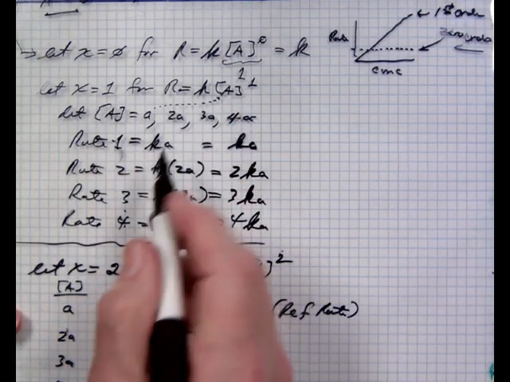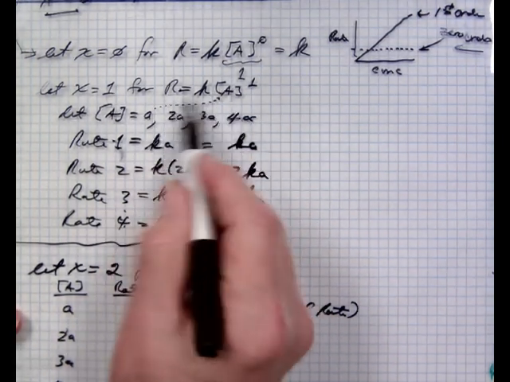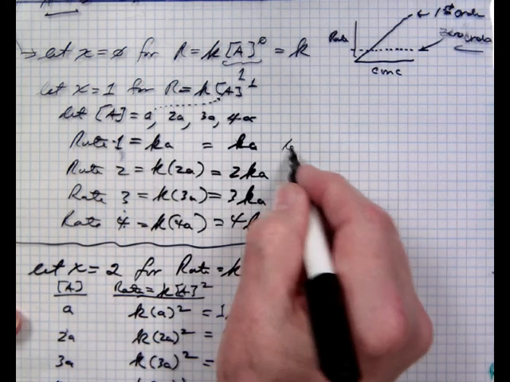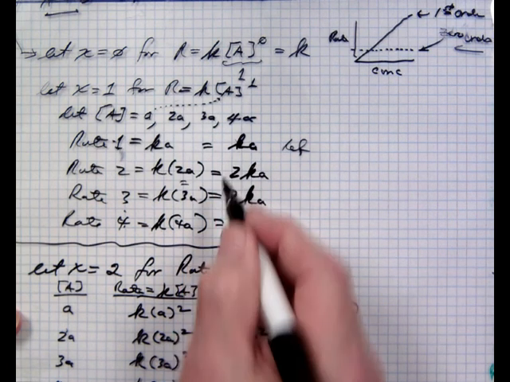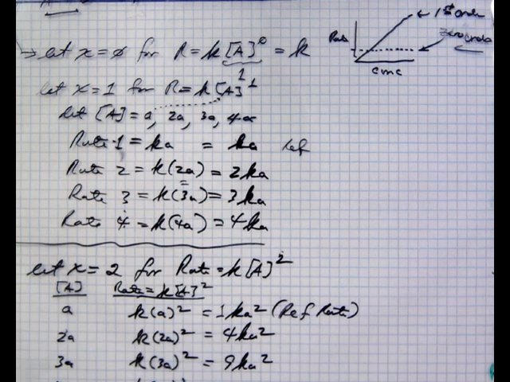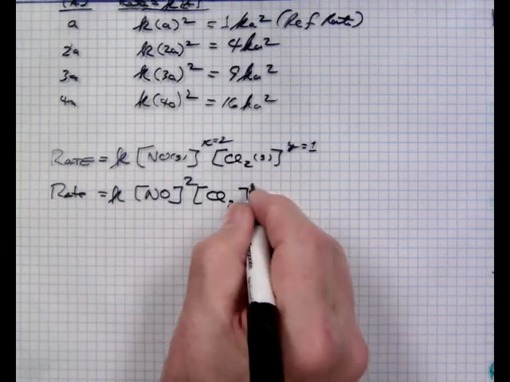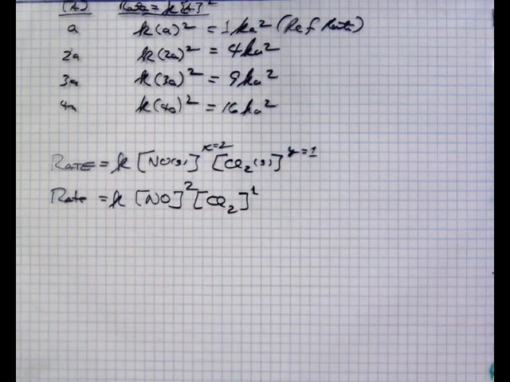Here's what we're showing. I took my component and I got my reference. This is my reference. Then I double concentration and it doubled. If I had a 3 times increase with a 3 times change in concentration, I'd still call it a first order. Is that what you're asking? Yeah. Okay. And so what you do is you assign the 1 to it. So it's a matter of experimental.